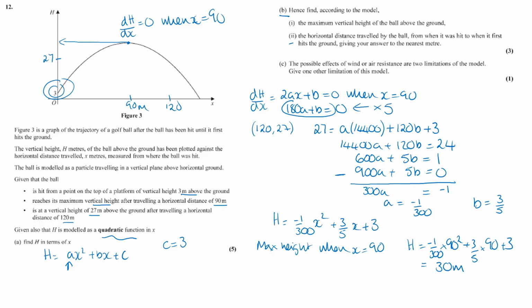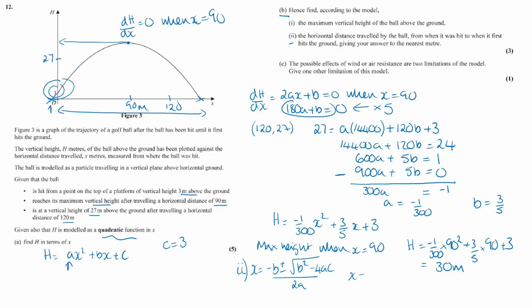Part 2, the horizontal distance traveled by the ball when it hits the ground. So that is finding the whole distance here. So to find these two places here, if we trajected this back and find the -1 there, we're just going to use the quadratic formula. So x is equal to -b plus or minus the square root of b squared minus 4ac all over 2a.